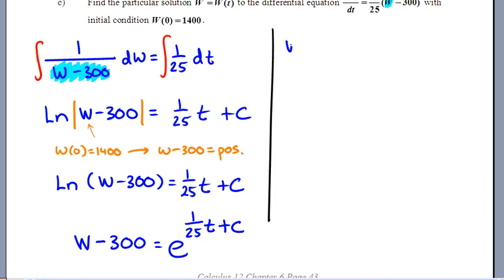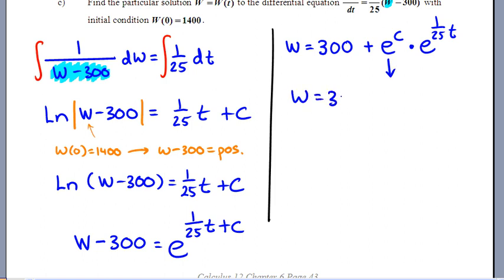We could say W is equal to 300 plus, this is like an e to the c times e to the 1/25th t. I don't like that e to the c, so I'm going to reposition it and say that's 300 plus some other constant, e to the 1/25th t.